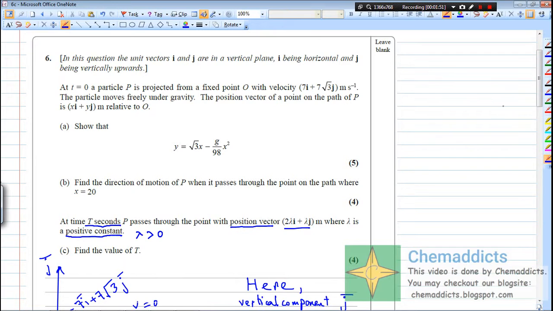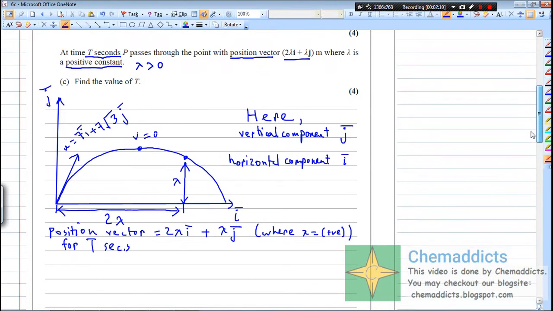Previously the initial velocity was given, and the particle was moving freely under gravity. If we draw the diagram, this vertical axis is for the j component, and this horizontal axis is for the i component.